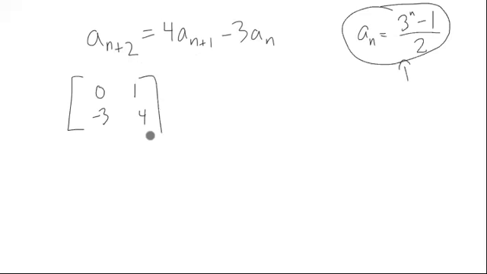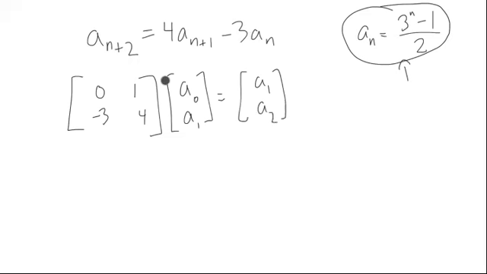You can double check that if I plug in a 0, a 1, notice what happens. This would end up being a1, and then down below this becomes -3a0 plus 4a1, which is equal to a2, and that's what I want.